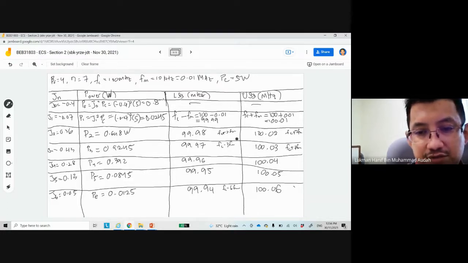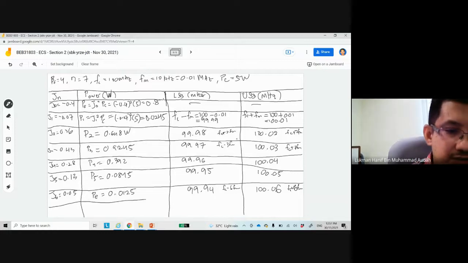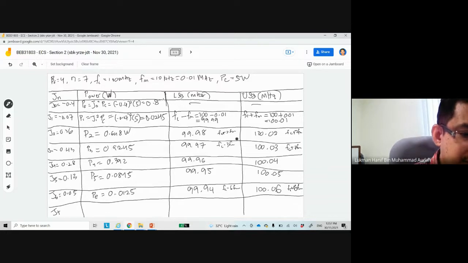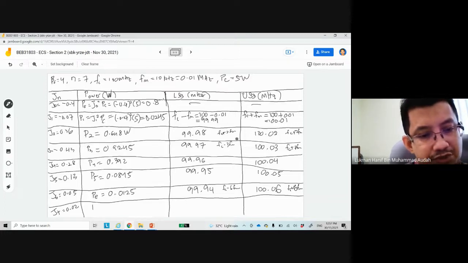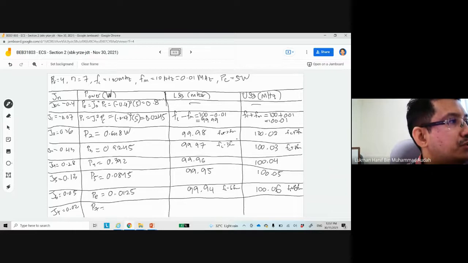This is FC plus 6 FM. Okay. And then the last one. The last one is J7, which is 0.02. Okay. So P7 is equal to 0.002.